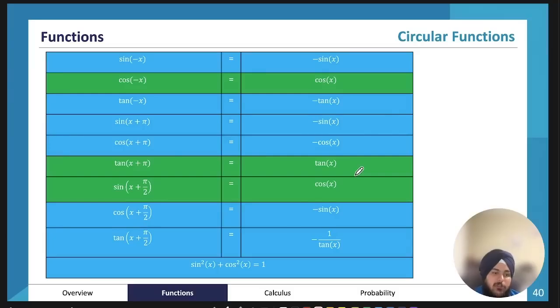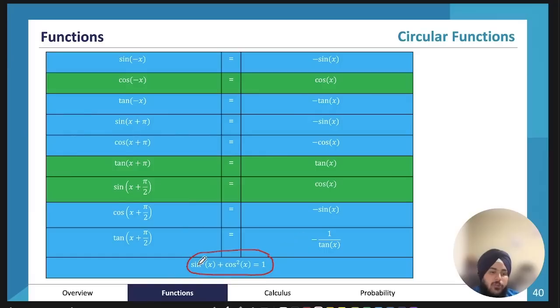Okay, so here are some symmetry properties of the circular functions, which is really important to know. I've put them on the slides so that you can have a look at these, but I'm not going to go through all of them in the interest of time. One that I am definitely going to point out is this one over here. This is called the Pythagorean identity.